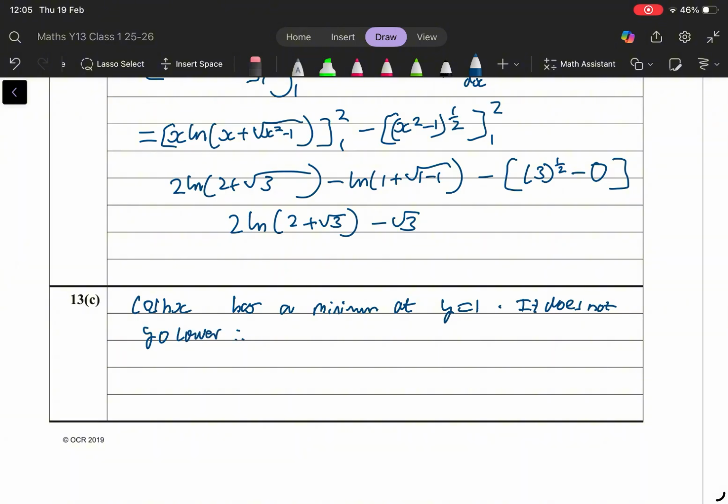Therefore, cosh of x is never less than 1, so for cosh of x equals 0, or arcosh of 0 equals x, is undefined.